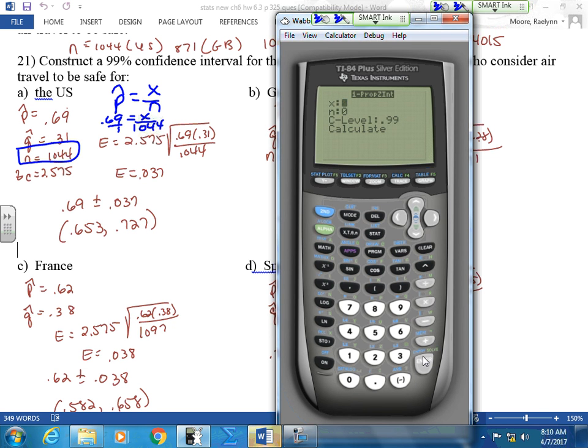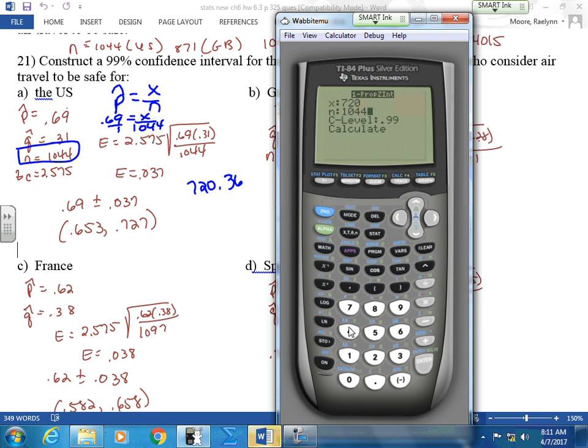Just remember you can't have decimal people, because these are all discrete values. Just take 1044 times 0.69. You get 720.36. Now you can't put a 0.36 person in there. So just round it. Use your rules of rounding for this one. So round to 720. And I had 1044.